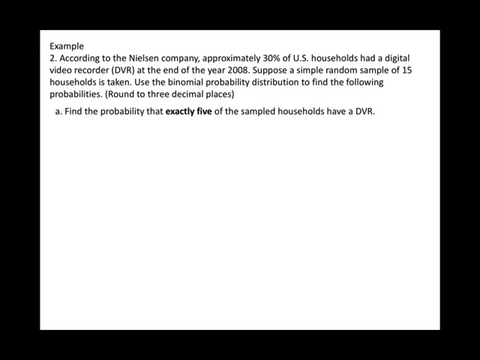Okay, A. Find the probability that exactly 5 of the sample households have a DVR. So here again, make sure you check the requirements. Do they fulfill the 4 requirements? And then find out the n, find out the p, and find out the q. So n will be equal to 15, right?